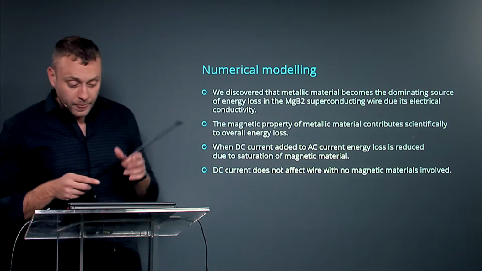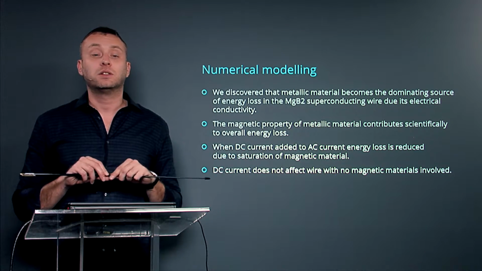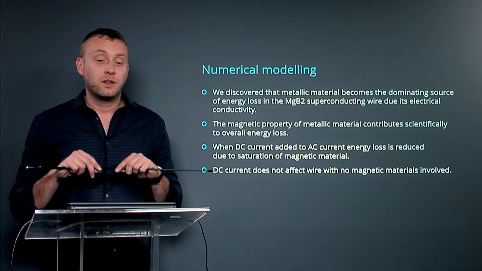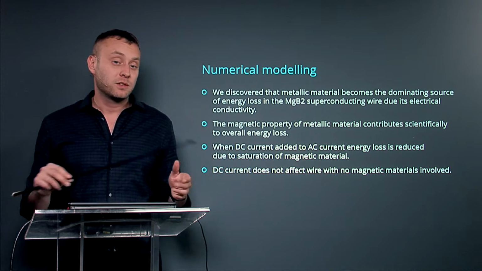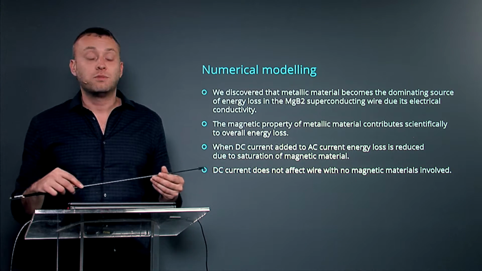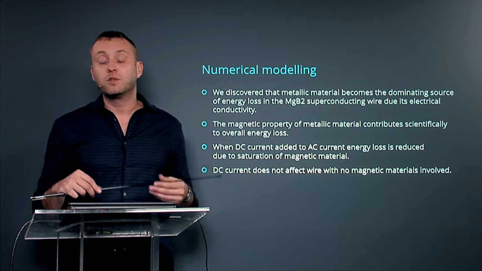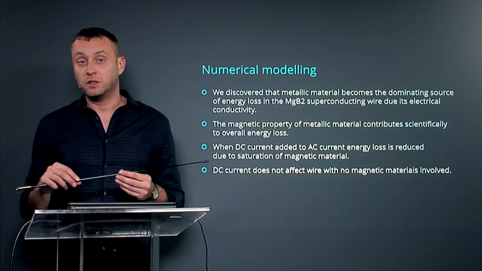So by numerical modeling, we could explain our results, that our measurements were actually right, and this makes sense: due to magnetic saturation, the change in magnetic flux in the monomatrix is less, and less energy loss occurs.